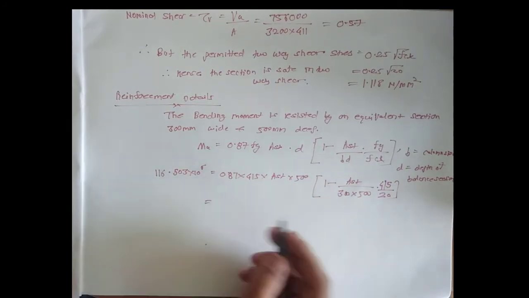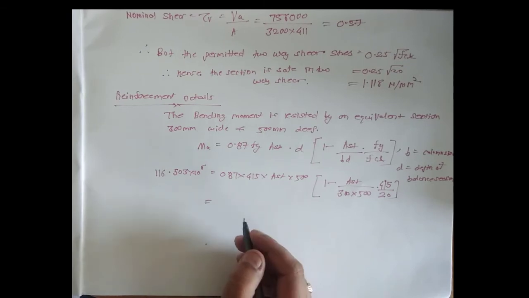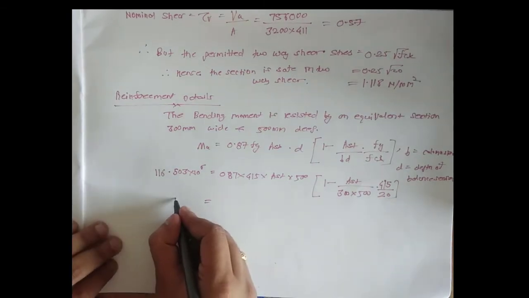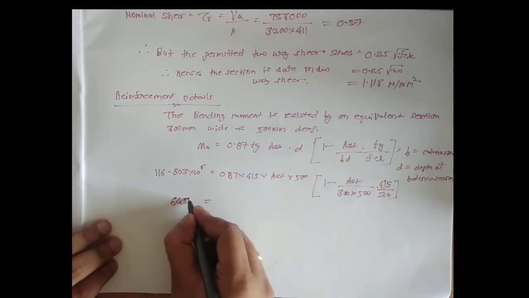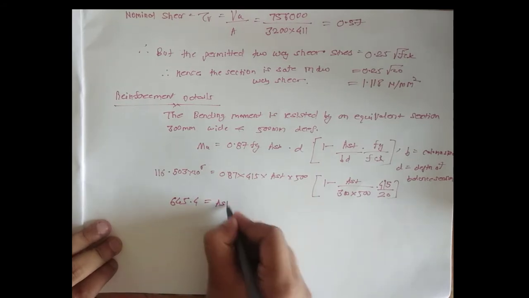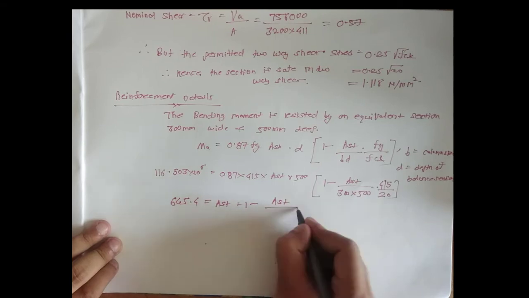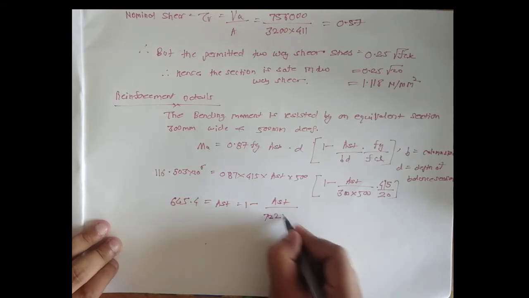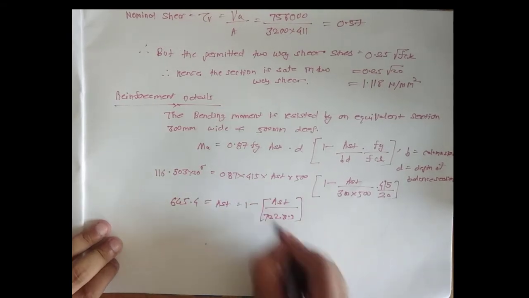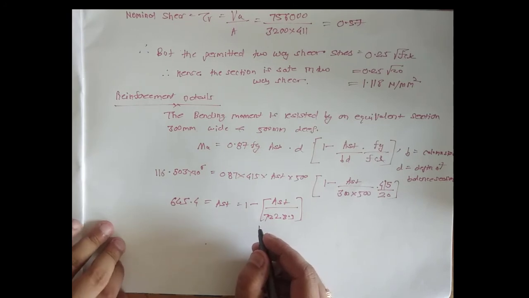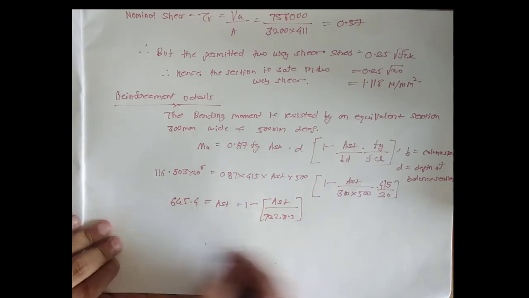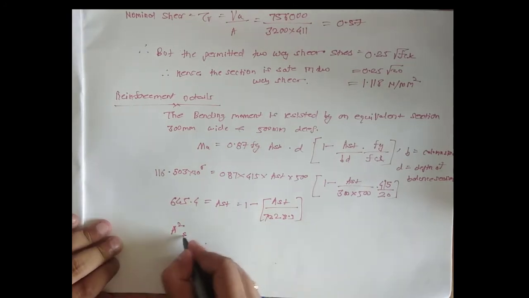So by solving it, 645.4 Ast equals 1 minus Ast upon 7228.9.